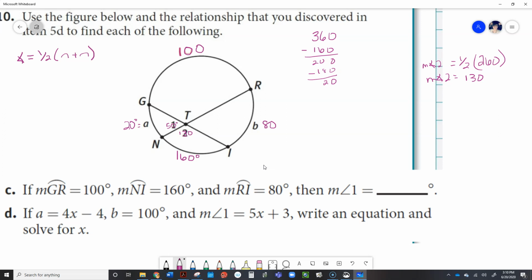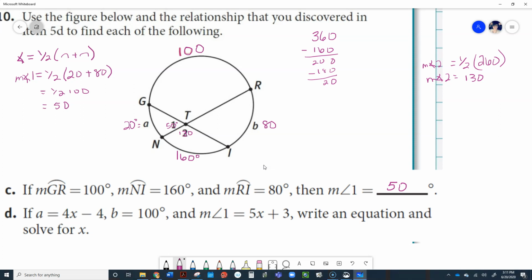Now that we know that this one's 20 degrees and this one's 80 degrees, we can find the measure of angle 1 by taking half of the sum of the 2 intercepted arcs for that angle. So half of 100 is 50. So again, there's more than one way to find it. So the measure of angle 1 is 50.